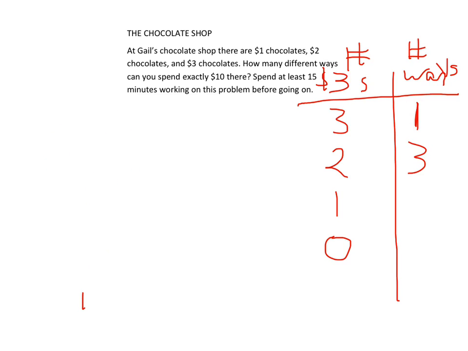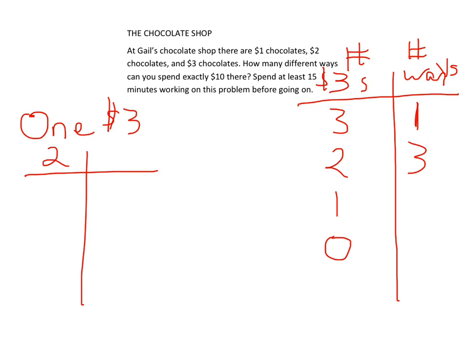Now what about using just 1 $3 chocolate? We need to get $7 more, and to do that using 2s and 1s, we could have 3 2s, 2 2s, 1 2, or no 2s.